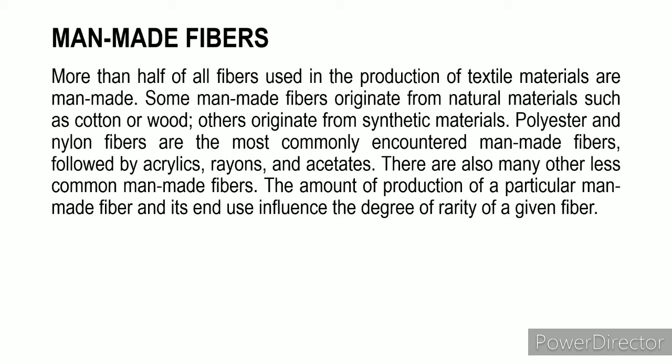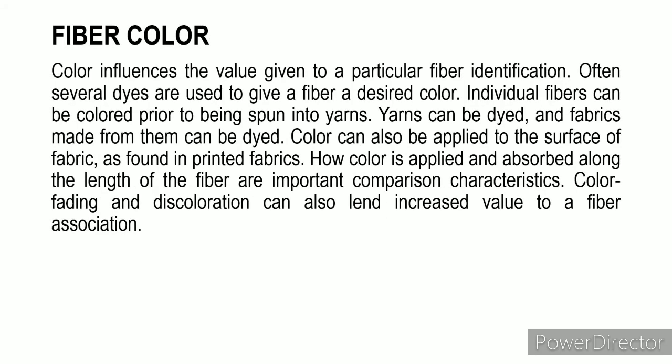There are also many other less common man-made fibers. The amount of production of a particular man-made fiber and its end use influence the degree of rarity of a given fiber.